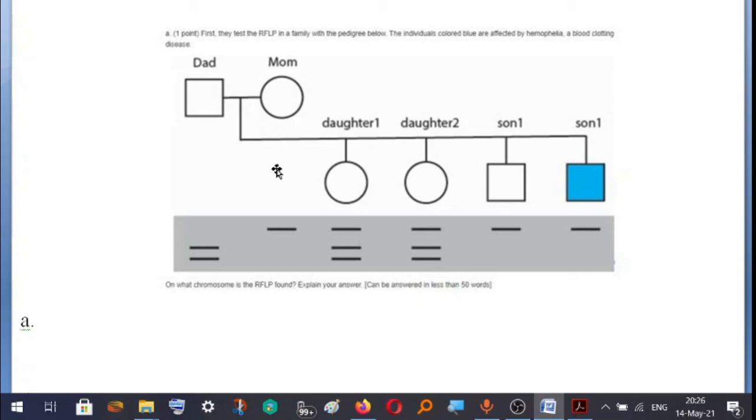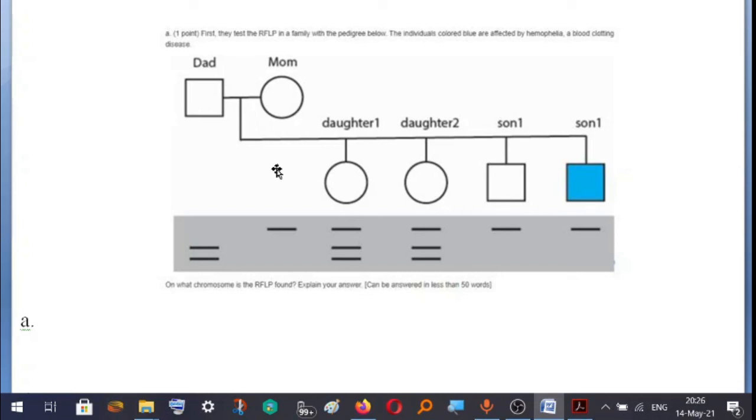So first of all, let's assume that the SNP is present on an autosome, and what we should be expecting. First of all, I want you guys to revise that a human being has 2 types of chromosomes.